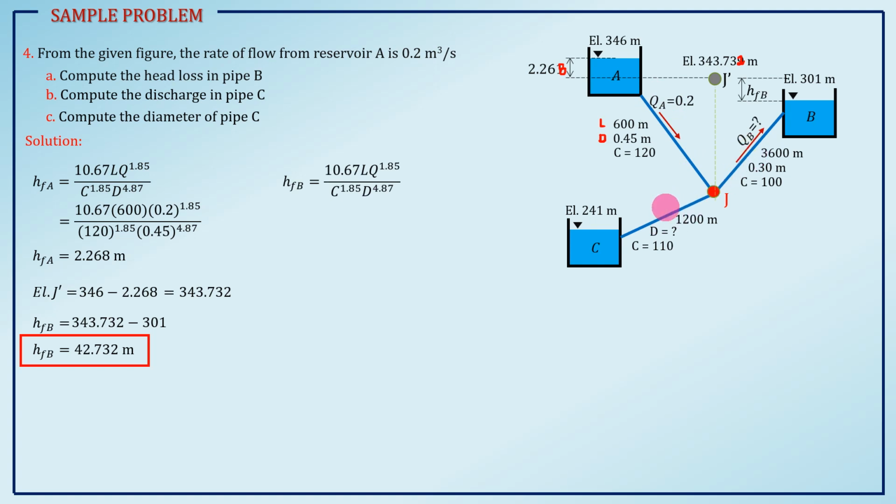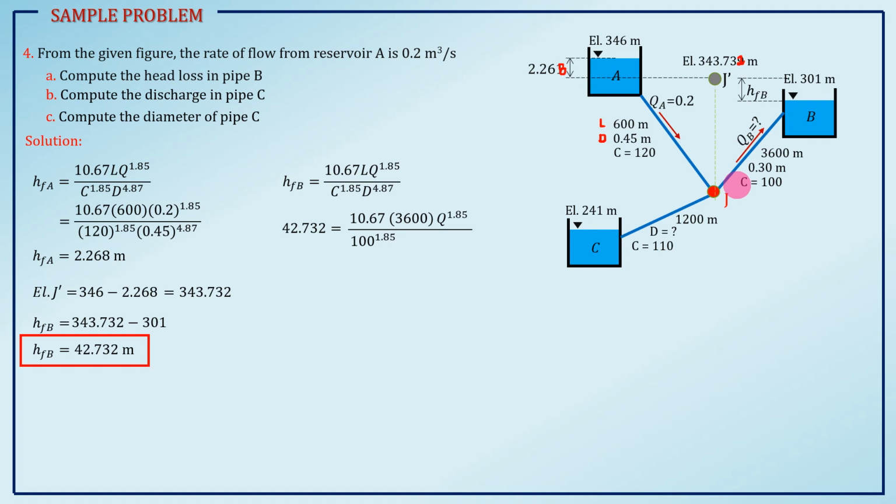We determine it by the given head loss. We have the equation of major head loss by Hazen-Williams: 10.67 L Q raised to 1.85 over C raised to 1.85 D raised to 4.87. Substitute the given. We have 42.732 meters equal to 10.67, length is 3,600, QB as unknown, raised to 1.85 over C. C is given as 100 on this figure.